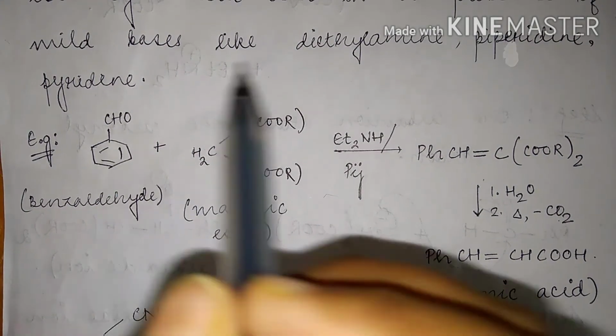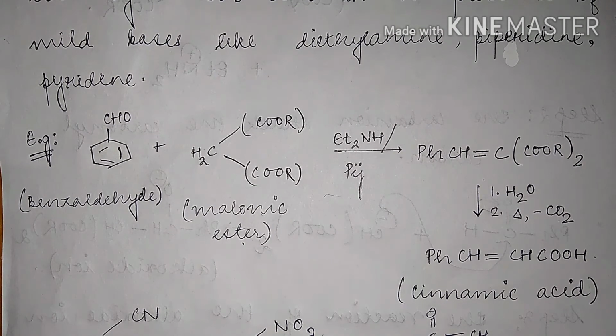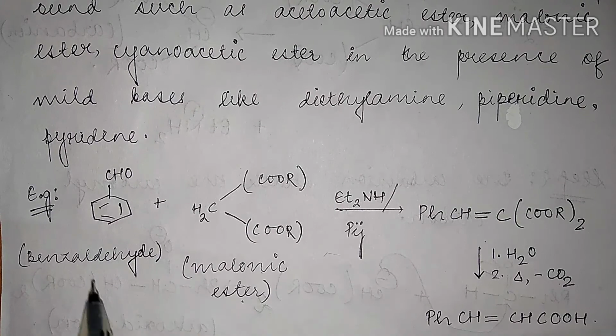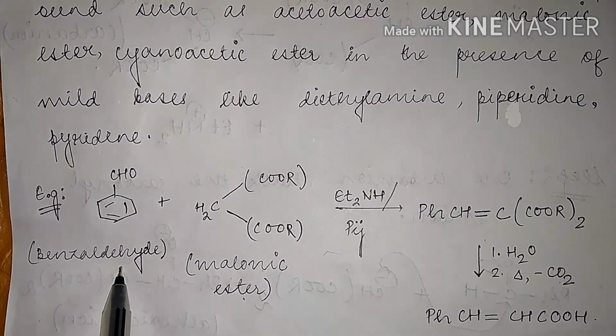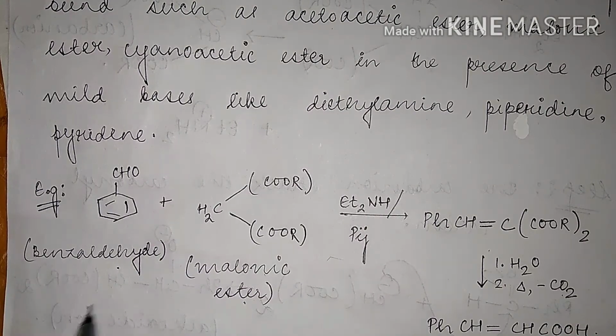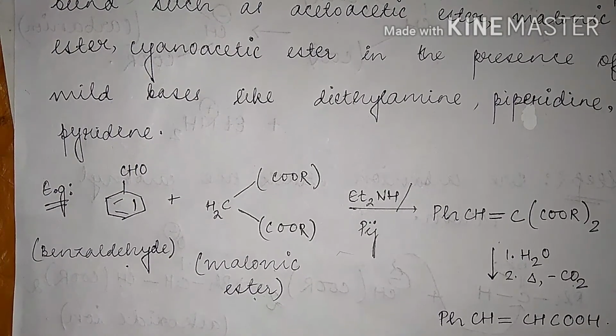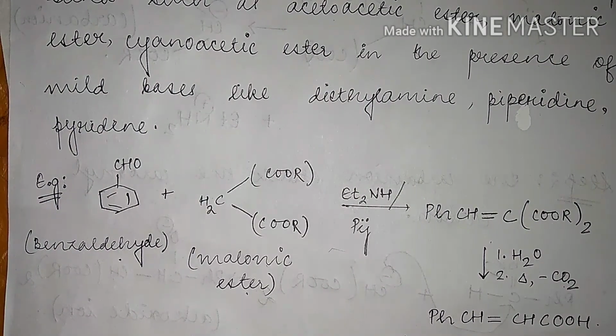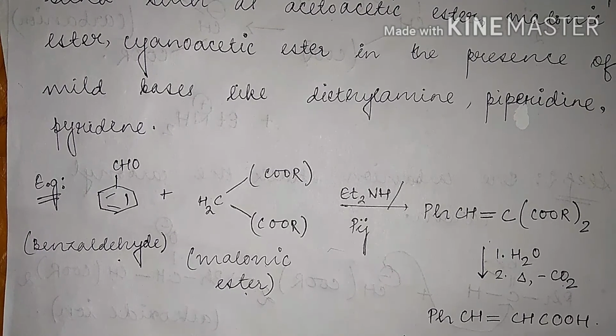Hence, ketones react with compounds having a powerful active methylene group like ethyl acetoacetate or cyanoacetic acid ester, but not malonic ester, which we used in the reaction with benzaldehyde.